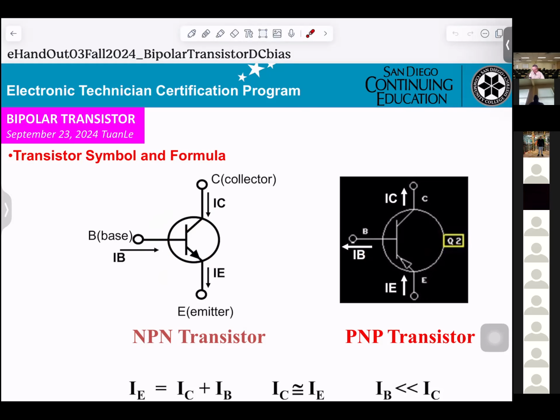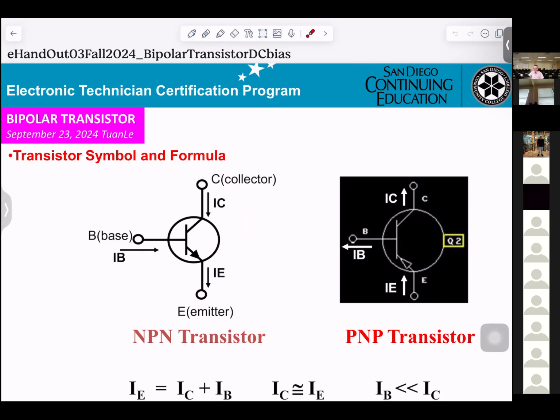Now see what's going on. So basically, we're talking about NPN first. One will be a base, collector, and emitter.